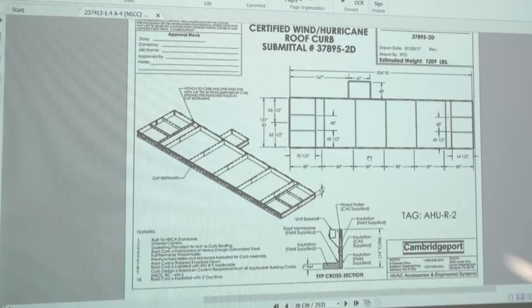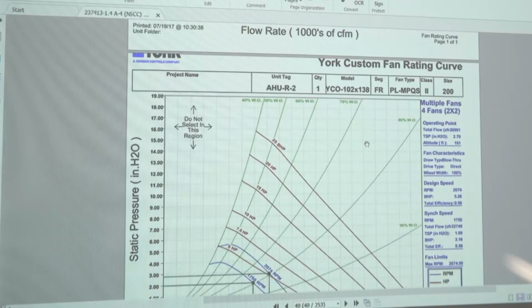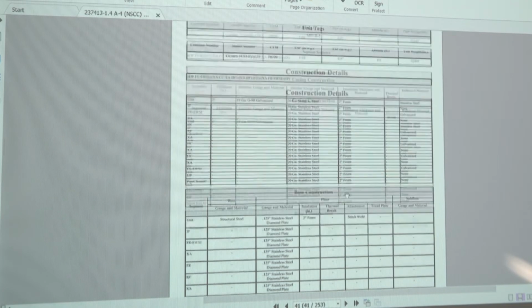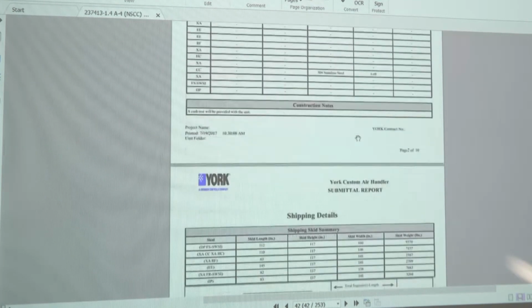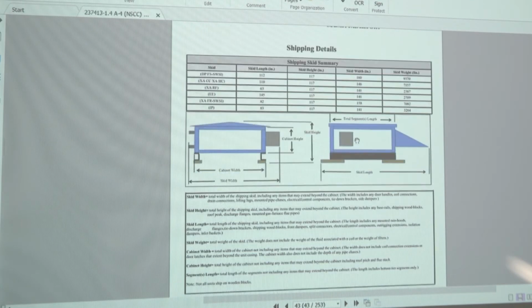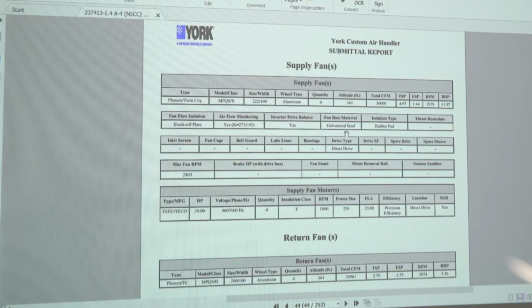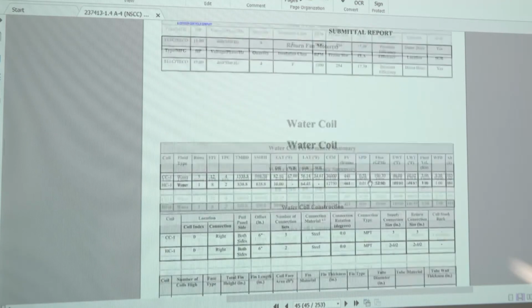All the same information, curbs, fan data, unit tags, construction details, all of your segments that develop into this unit, shipping information, fan information, okay, return fan, supply fan, water coils.